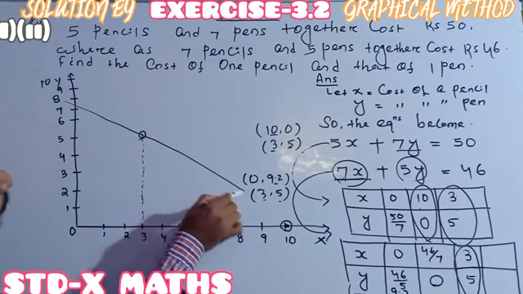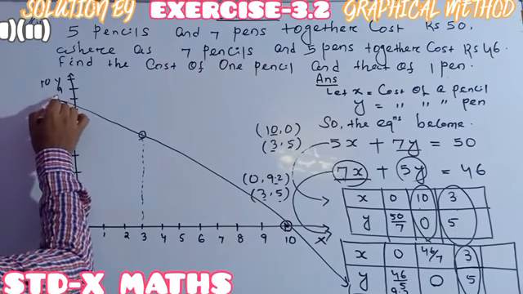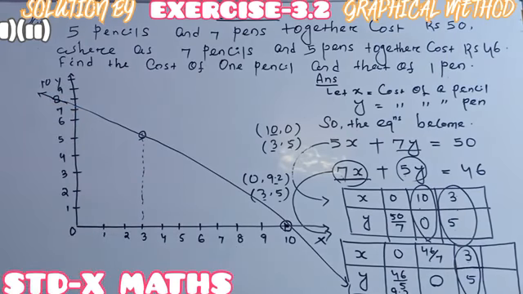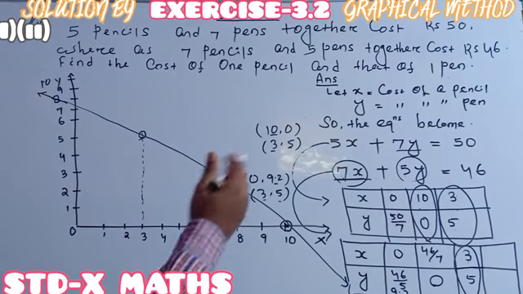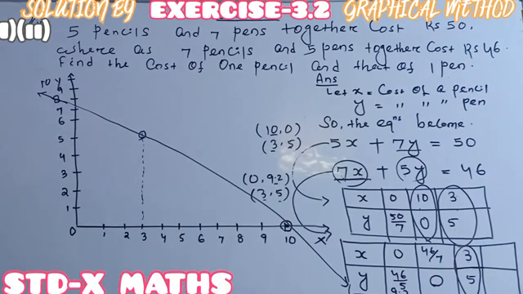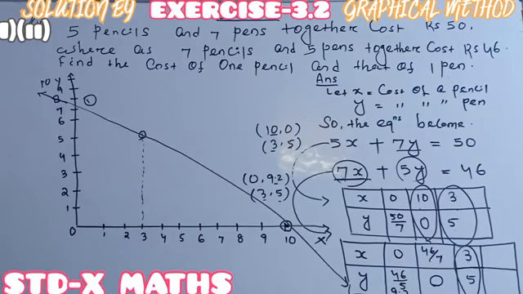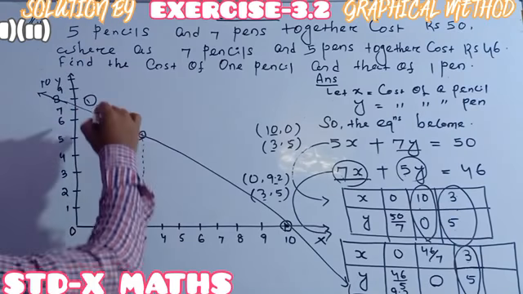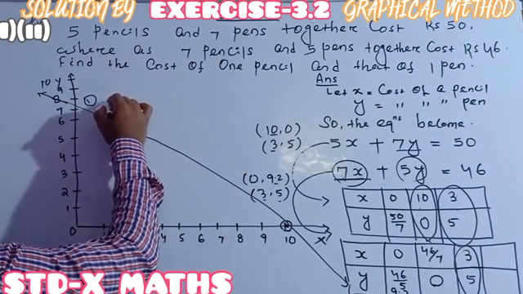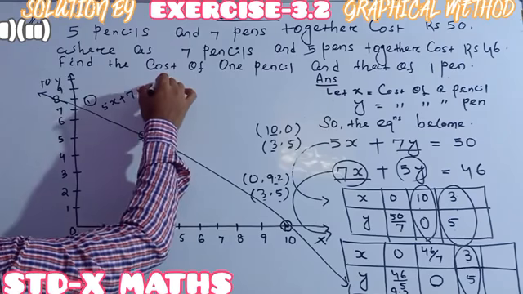By joining the 2 points, whenever I draw the line, this is the graphical representation of our first linear equation, which is 5x plus 7y equal to 50. One can also write it here: 5x plus 7y equals 50.